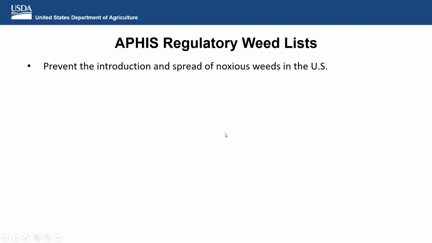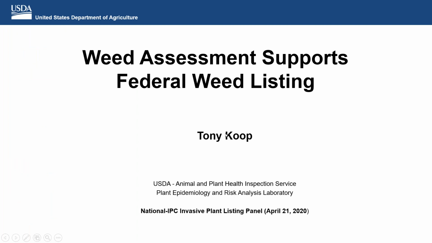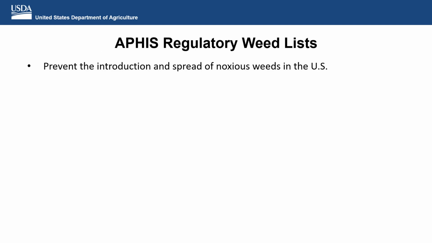Yes. Okay, great. So, all right, well, thanks everybody for coming in and joining us for this discussion about weed lists. I'm going to be talking today about our federal perspective and focusing in on how weed assessments support federal weed listing, but also other potential weed lists as well.